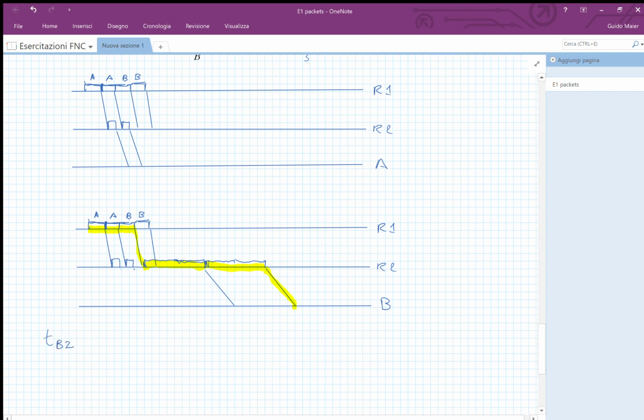The time that is taken by the second packet that is going to B, TB2, is composed by, this is called interface number 3, so tau 3 plus 2 times T3 plus tau 2, tau 1 plus, and then you have to count 3 times T1. Okay.